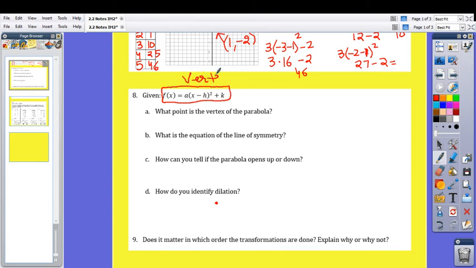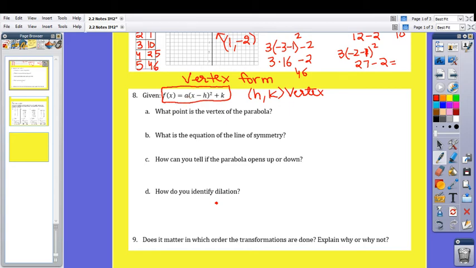So this is the parabola equation in vertex form, where these two constants h and k are the vertex, and this a is your factor that decides if it shrinks or expands.